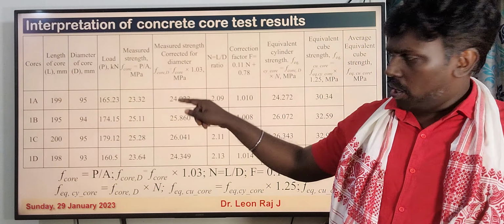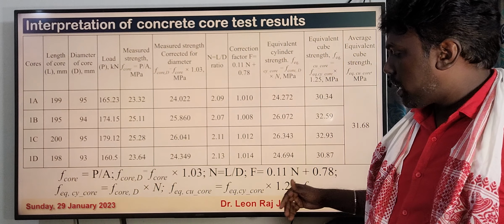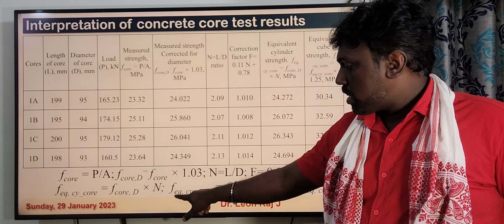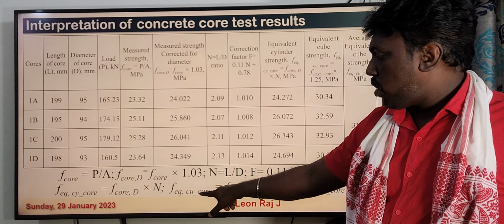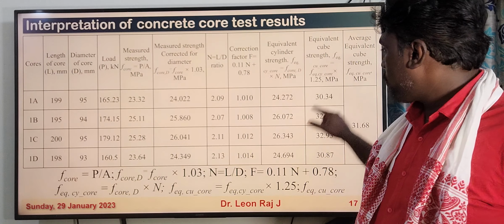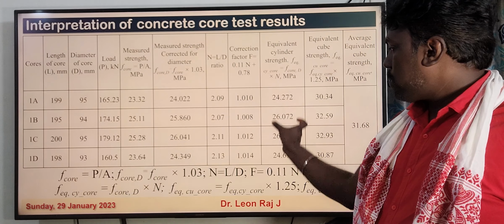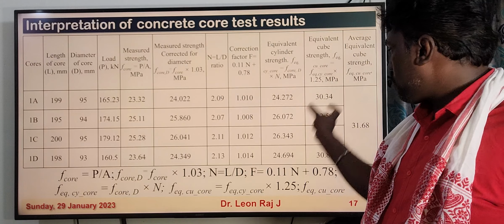Then once this equivalent cylinder strength is calculated, equivalent cube strength needs to be calculated. The equivalent cube compressive strength of core is equal to the equivalent cylinder compressive strength of core into 1.25. So you have to just multiply these values by 1.25.